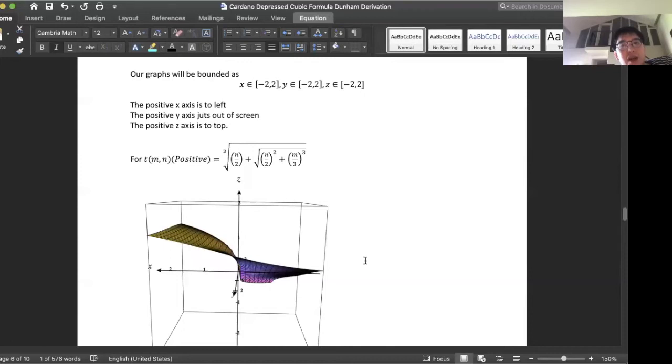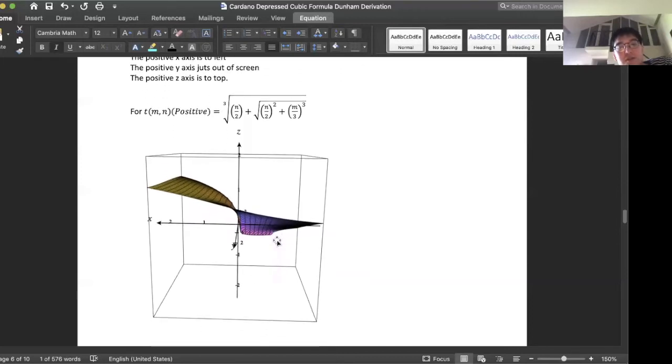And in terms of the way I have my drawings screenshotted here, the positive x-axis will be jutting out to the left. The positive y-axis will be jutting outside of the screen towards me. And the positive z-axis will be moving vertically up top. So now let me scroll through what all of these 4 graphs look like.